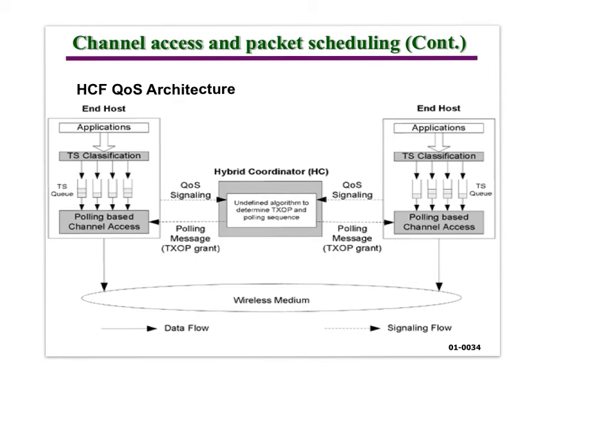But this is the architecture. Remember, for HCF we have traffic streams. For EDCF, we have traffic categories. So EDCF provides per-class quality of service behavior, right? And it provides service differentiation, but not guaranteed quality of service. I cannot provide guaranteed quality of service because it's per class.